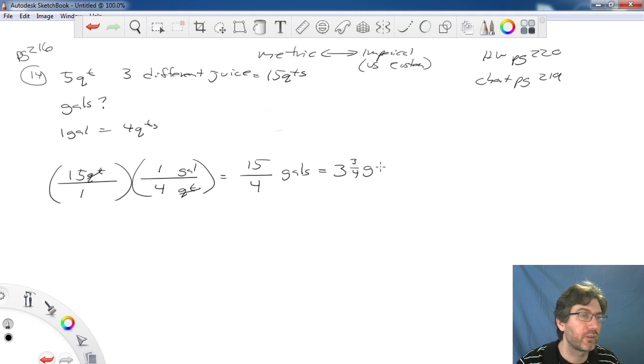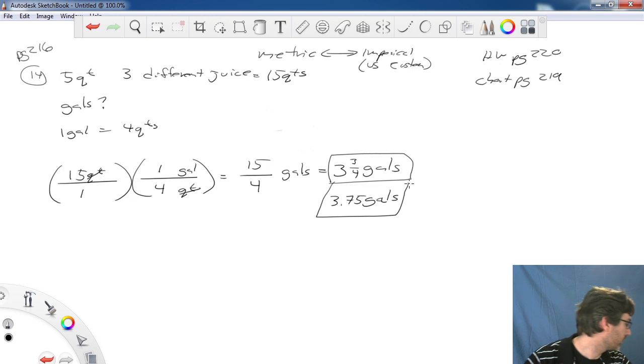So you can do 3 3/4 gallons. This is an acceptable answer. Or you can take it as a decimal, which would be 3.75 gallons. So either one of these is acceptable. You go with the fraction, go with the decimal. I don't know if it asks specifically to round, like the nearest tenth or something. No. So you can just do it like that.